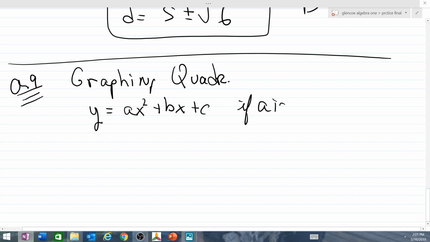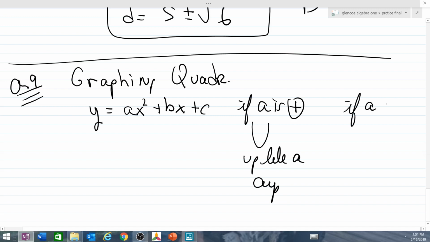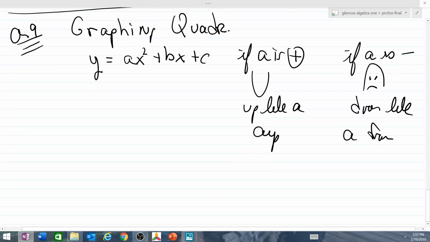If a is positive, the graph opens up like a cup. If a is negative, the graph opens down like a frown. You guys remember that?